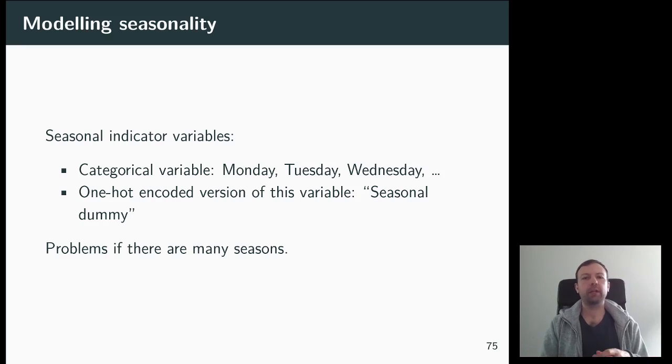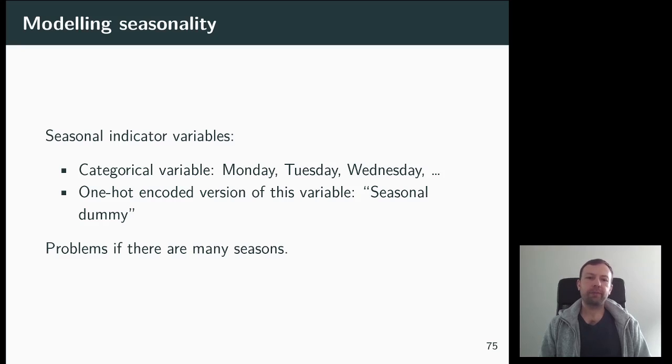You could just have a categorical feature that tells you if this is Monday, Tuesday, Wednesday, and so on, as a one hot encoded variable. And this would then in forecasting and statistics be called a seasonal dummy variable.